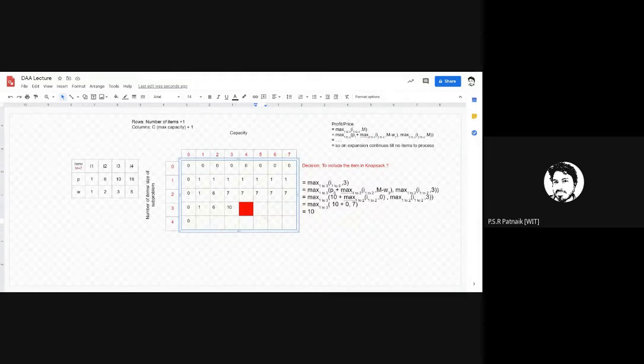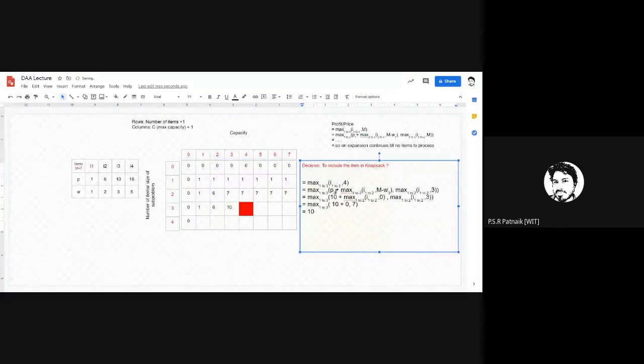See, we will continue. I think it's almost 10:23. Let us complete this, you will understand this. So what is the sack capacity now? 4. So what it would be, P3, would be exactly the same. So now max of 1 to 2. Now you will subtract: 4 minus the weight of this third element. Now I have 1, right?